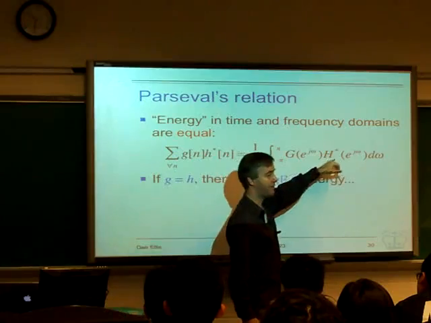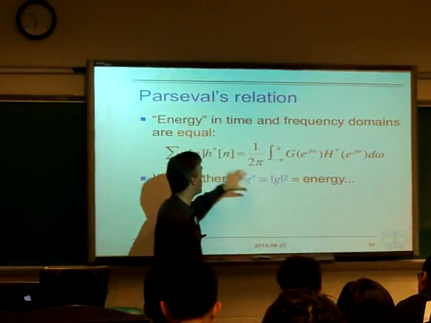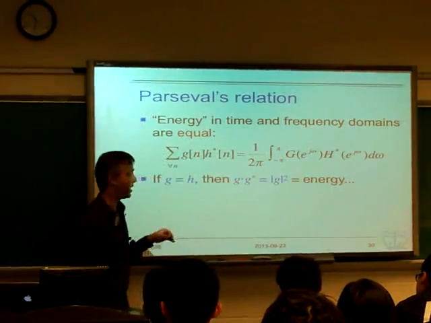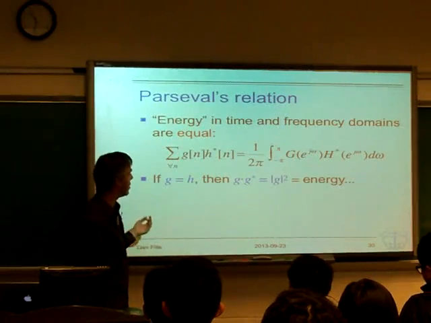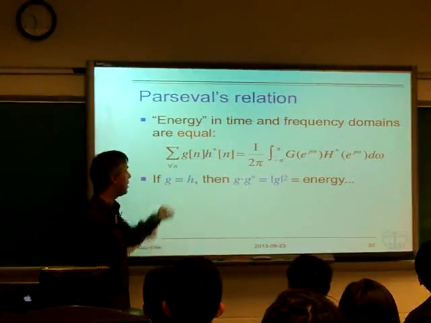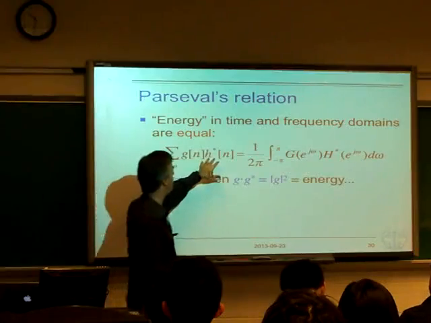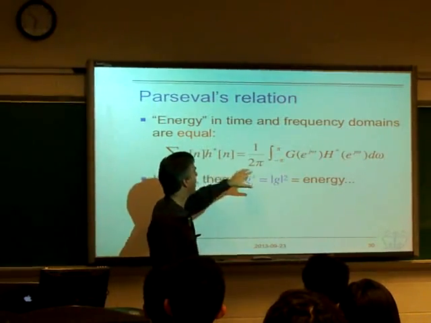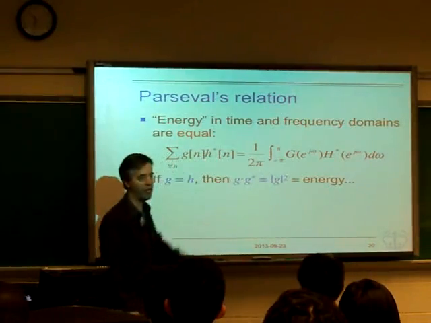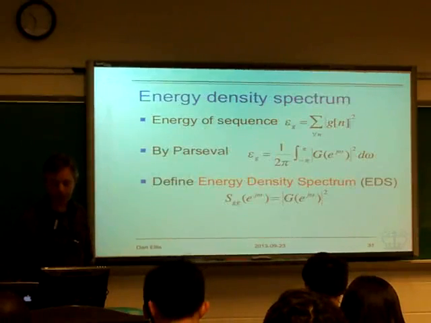Big G times big G star is the magnitude of G of e to the j omega squared. So the whole thing then just becomes energy. And that's normally the way we think about it. That's kind of what I described as the energy being equal in two domains. But actually, you can use it for any inner product between two signals. And of course, the fact that we're writing one of them as a conjugate is arbitrary, as we could define another signal that way. But that makes the relationship look nice and simple like that.